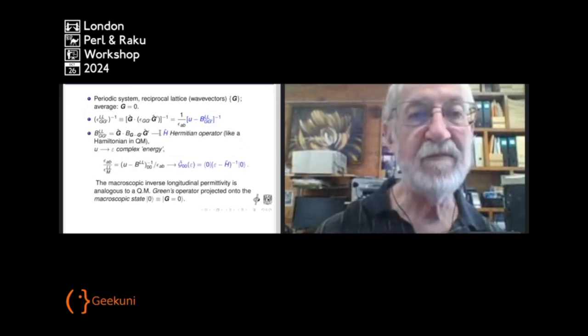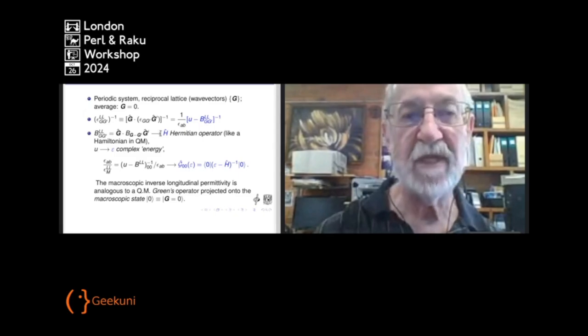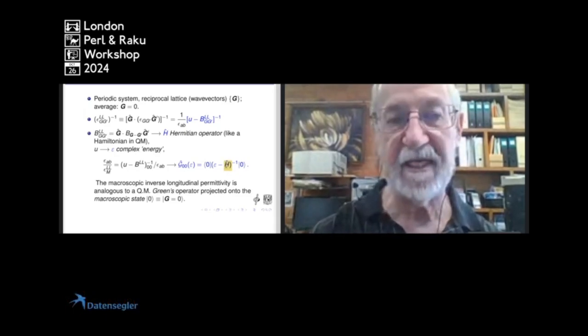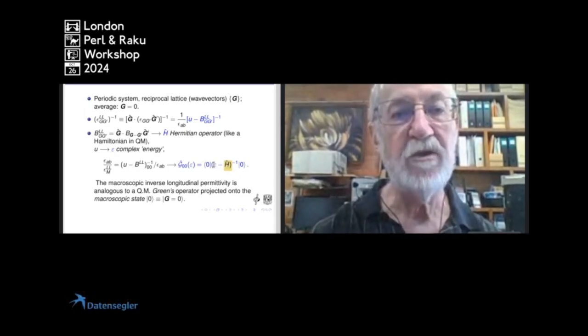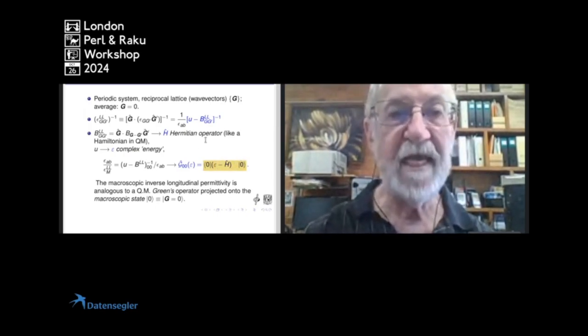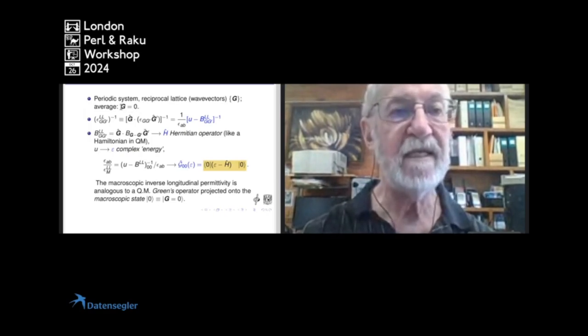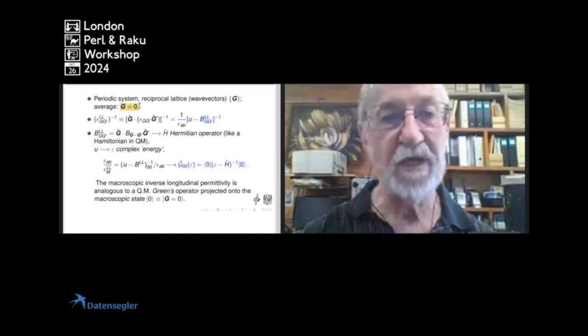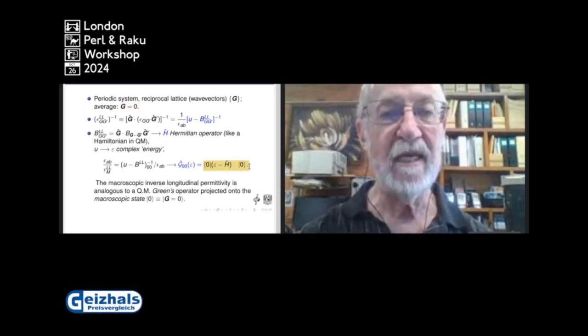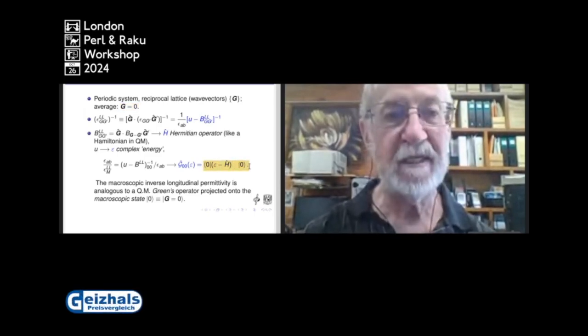So this is similar to what one is used to in quantum mechanics, where you take a Hamiltonian operator, which is a Hermitian operator, subtract it from a complex energy, and invert that. And then we have to take the average, and averaging is like taking the wave vector equal to 0. So we have to project this into the macroscopic state.